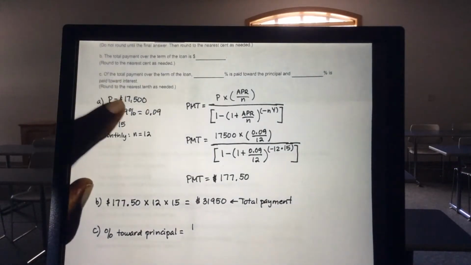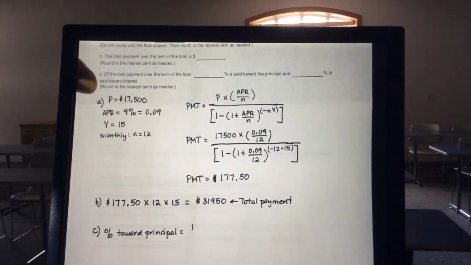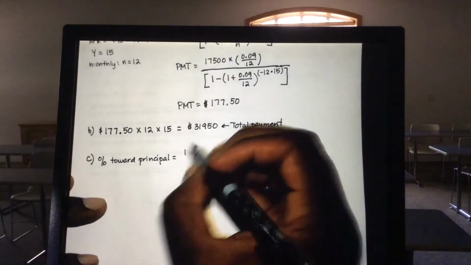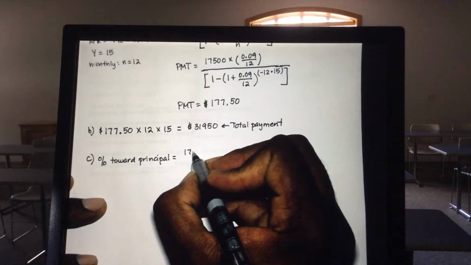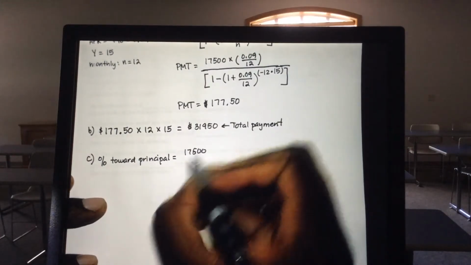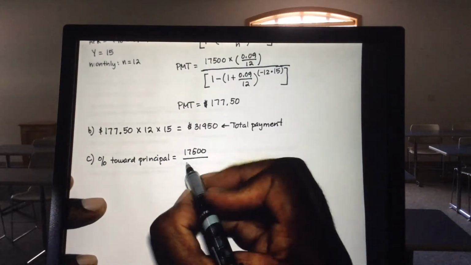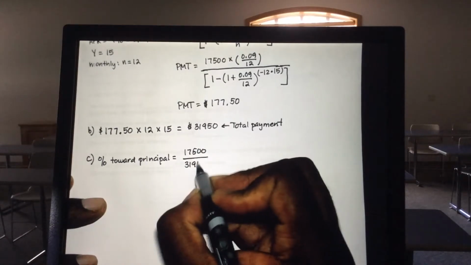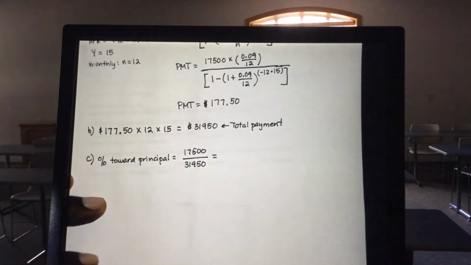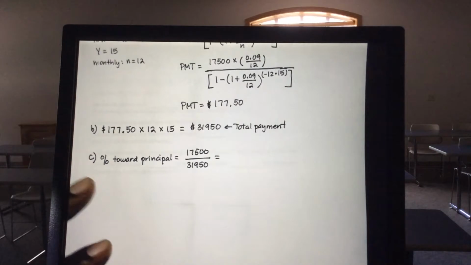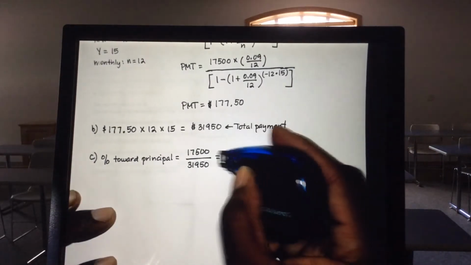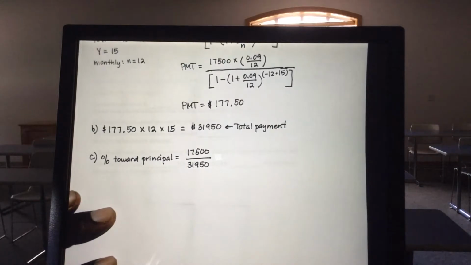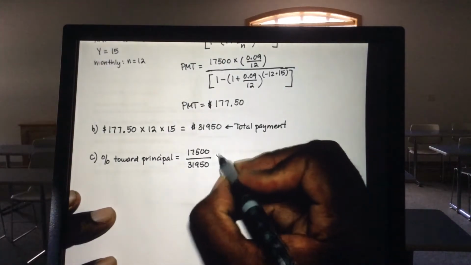The principal right here is $17,500. So here, that's the principal divided by the total payment, $31,950. The principal divided by the total payment, and then that's going to need to be multiplied by 100%.